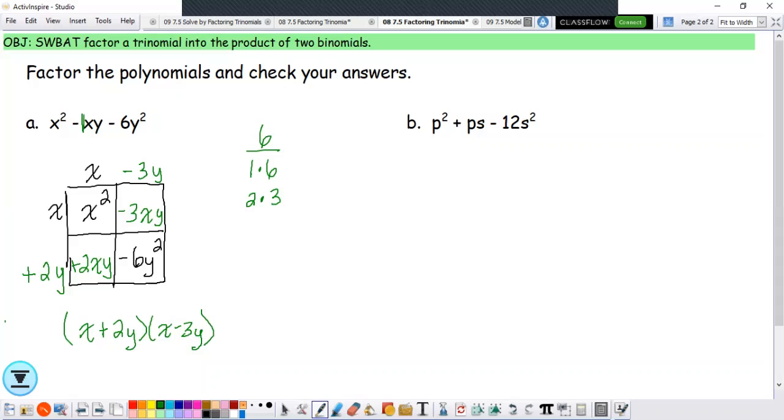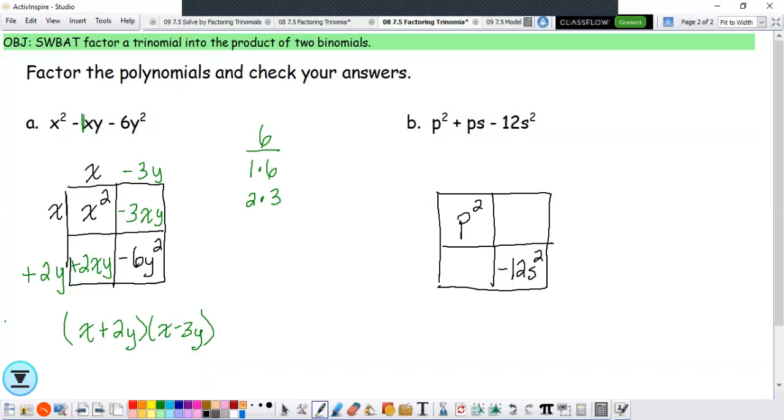And one last one. We have p squared, and we have minus 12s squared for our two corners.